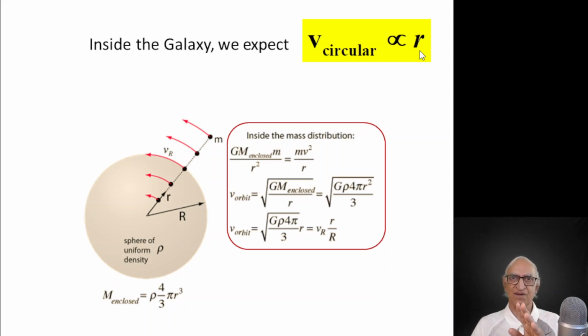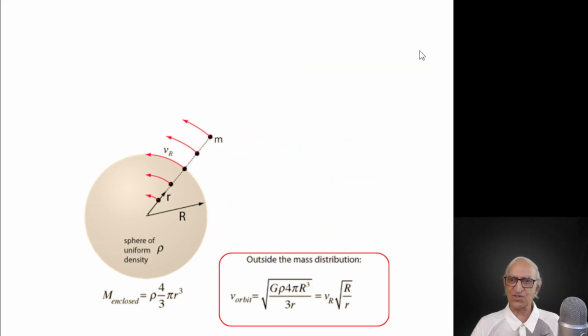Work through this algebra yourself. Now let us look outside the mass distribution, these 2 points. So you have left the galaxy behind, you are outside. So it's like the planets in the solar system. You are no longer inside the sun, you are outside the sun. So it's the same thing. The orbital velocity is, this is now Kepler's laws.